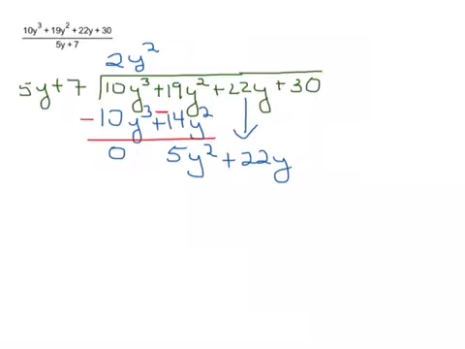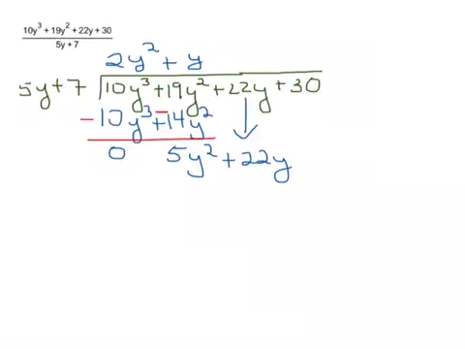After we bring down the next term, we start all over again. So, again, we're just looking at the first 2 terms. What do we multiply 5y by to turn it into a 5y squared? Well, 5 times 1, or a positive 1, is 5, and y times y gives us y squared.